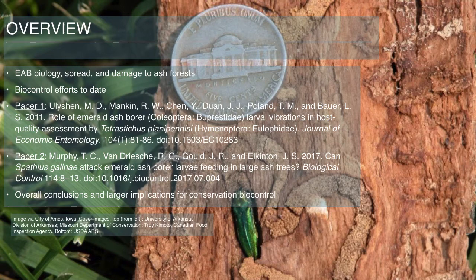The second paper looks at the concept of specialization among parasitoids and niche partitioning, and how two of the parasitoids are dividing up the resource. And then we'll draw some overall conclusions for the larger field of conservation biocontrol.